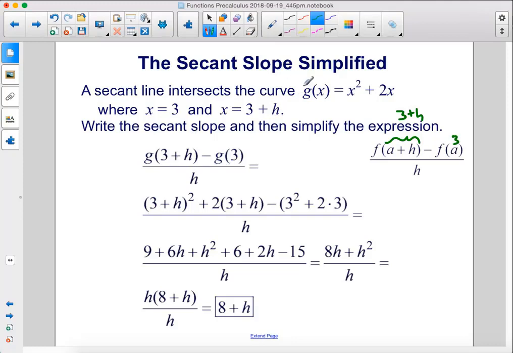So g of 3 plus h is (3 plus h) squared plus 2 times (3 plus h), then minus g of 3, 3 squared plus 2 times 3, over h. So we multiply all of that out, combine like terms, and we have the h's cancel, and we are left with 8 plus h. That is the secant slope.